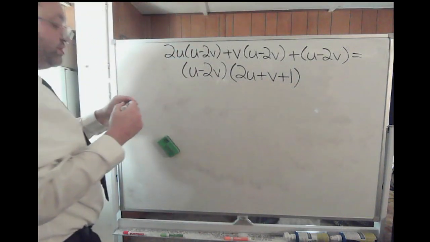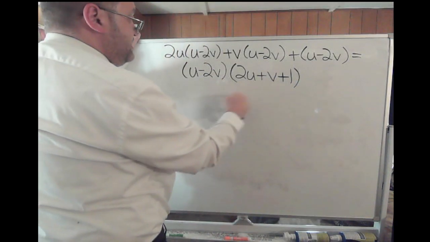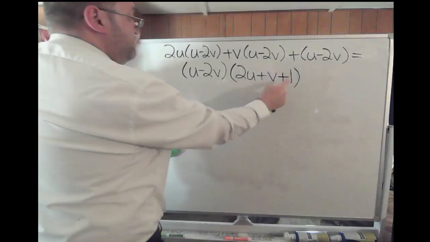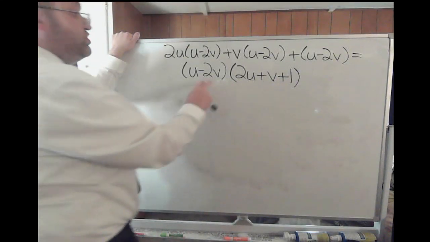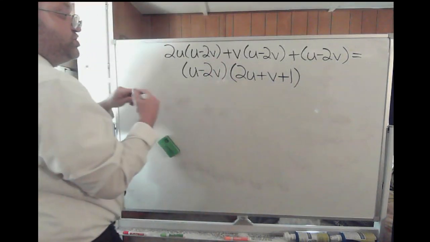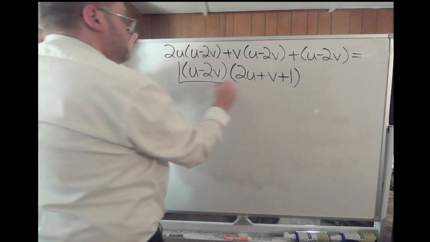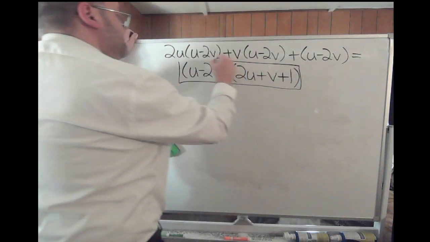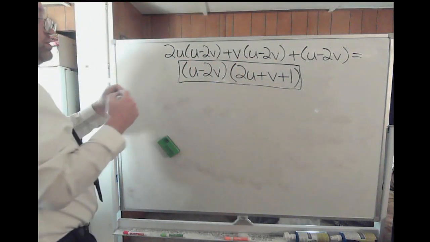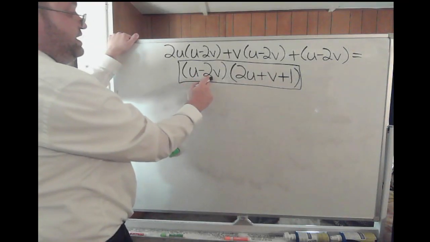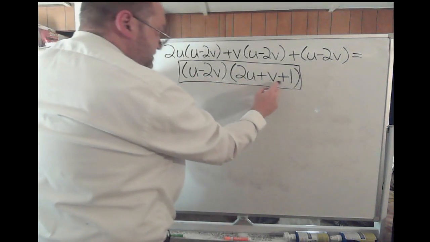So you'll end up getting the quantity of u minus 2v times the quantity of 2u plus v plus 1. And if you distribute this out, you'll get the original expression again. So we can't factor the 2u plus v plus 1 any further, so you get u minus 2v, that quantity, times 2u plus v plus 1.